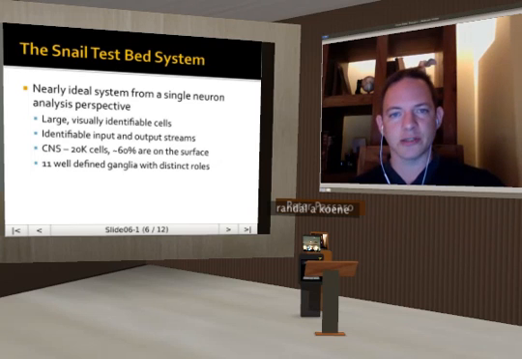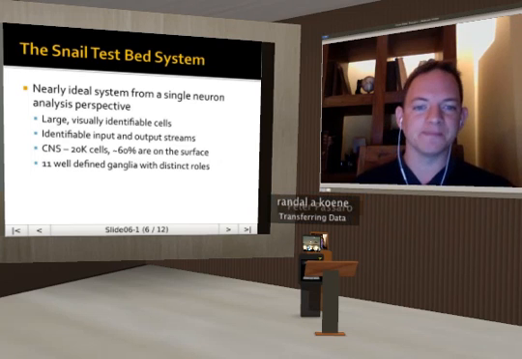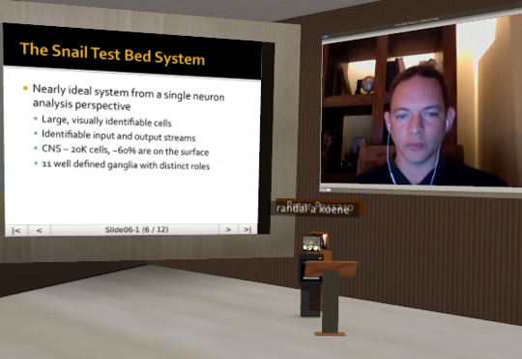I'll talk about voltage-sensitive dyes at the end, which is one possible technique for looking at a more complete picture, maybe in combination with the technique that I'm using. And then the system has 11 well-defined ganglia, which is sort of the simplest format of what neuroscientists think of as a brain.